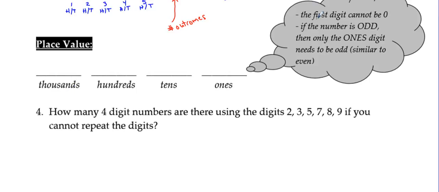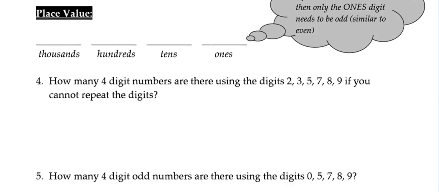Keep in mind for some questions, the first digit cannot be 0, because if the thousands was a 0, then it would only be a 3-digit number. And anytime it says the number must be odd, it just means that the ones digit has to be odd. So let's look at this example.